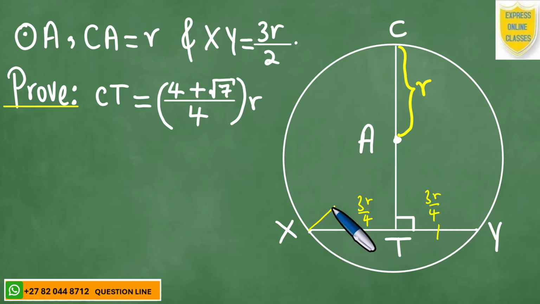We can now extract more information. We have a radius here, r units long, and this triangle is a right-angled triangle.